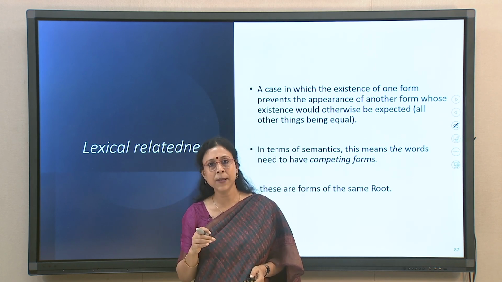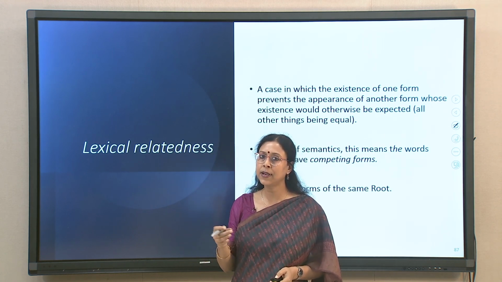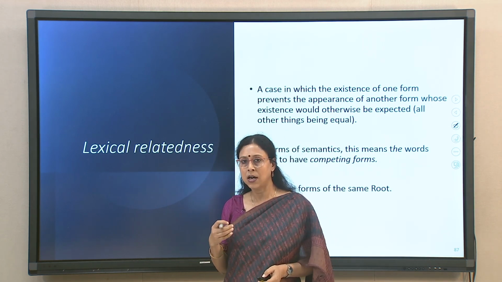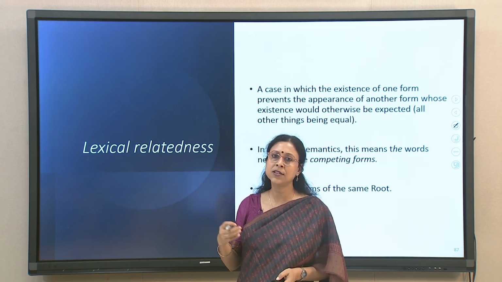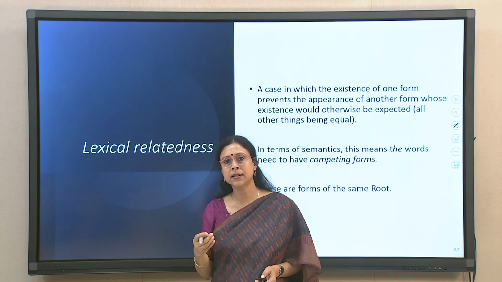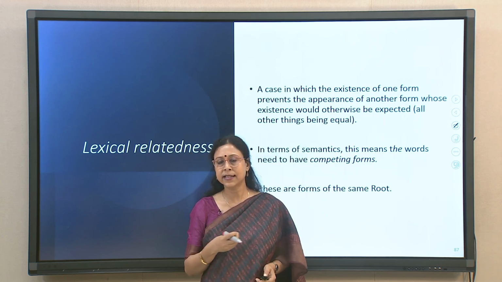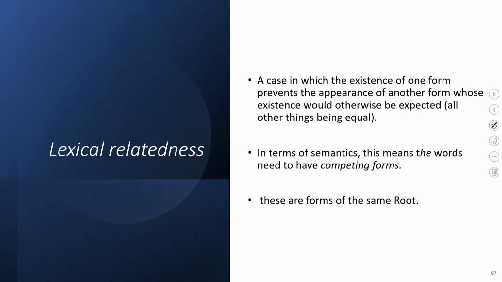Here it is lexically related, but with other kinds of forms, there can be semantic relatedness even when there is no lexical relation, for example thief and stealer, which we will see eventually. So, lexical connection as well as semantic connection is what we will see.